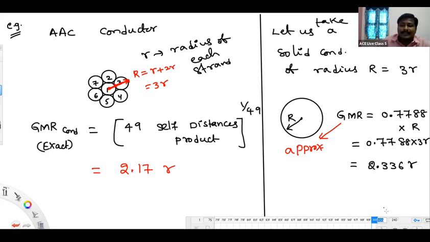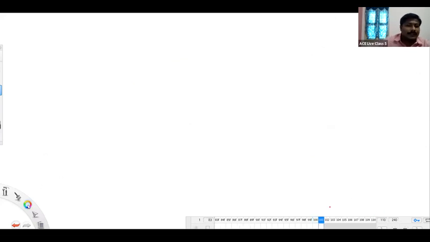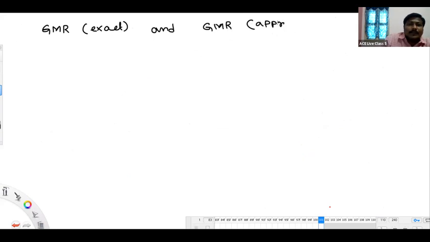So GMR exact and GMR approximate are very close in this case. GMR exact and GMR approximate will be very close.